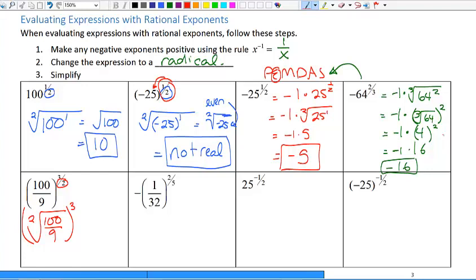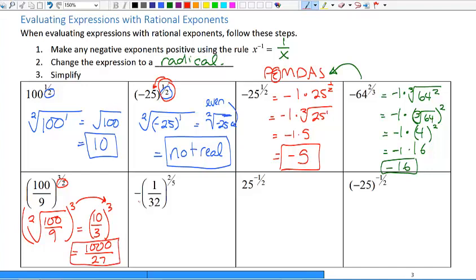So I'm going to go ahead and do the inside first. The square root of 100 ninths: the square root of 100 is just 10. The square root of 9 is just 3. So the square root of 100 ninths is 10 thirds. And 10 thirds cubed, because I still haven't done the cubed part, is 10 times 10 times 10, or 1,000, over 3 times 3 times 3, which is 27.